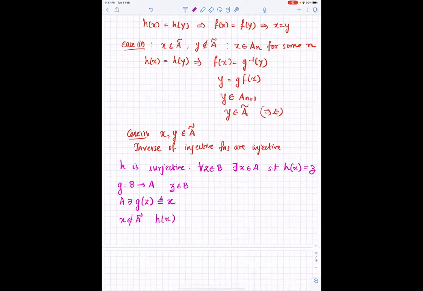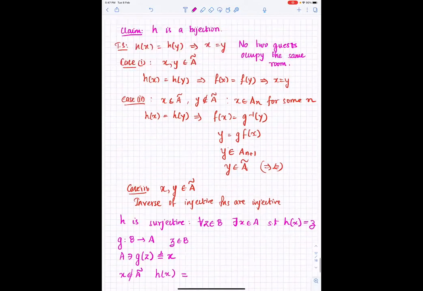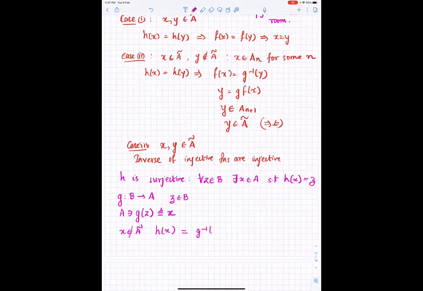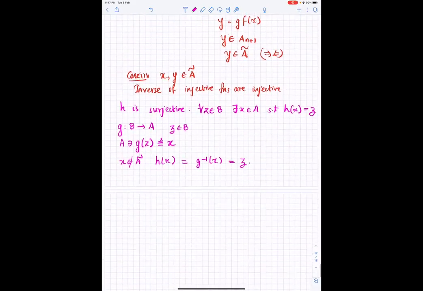So what can you say about h of x? By definition, it is g inverse of x, which is z. So if he is not displaced, then there is nothing to show.